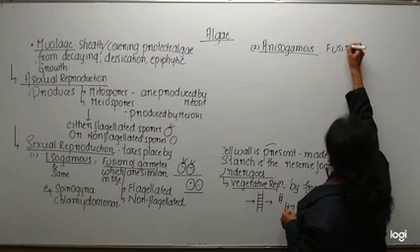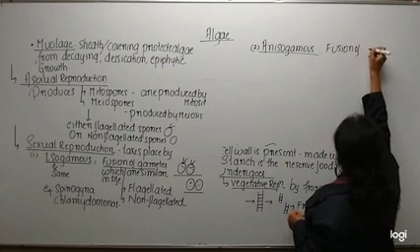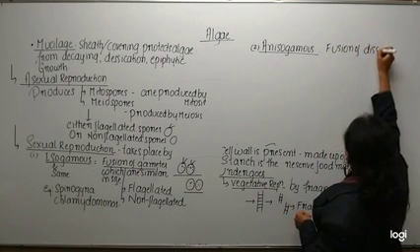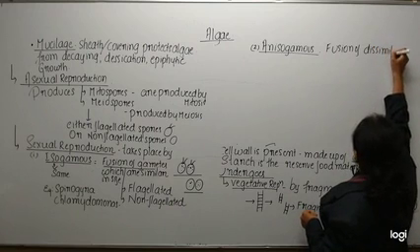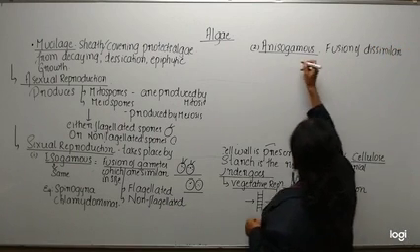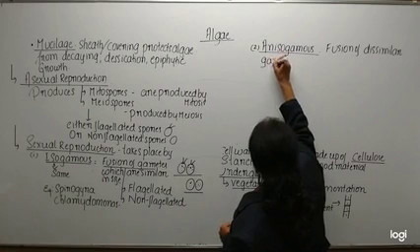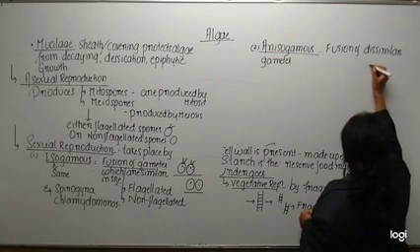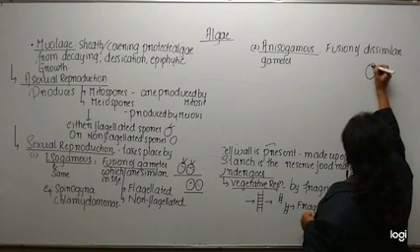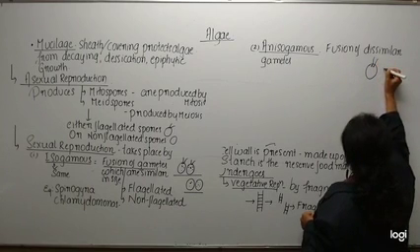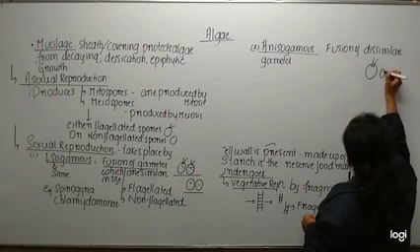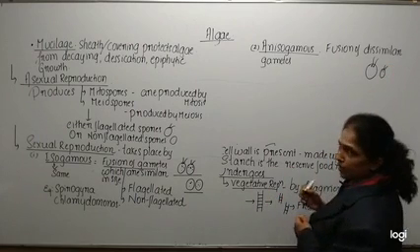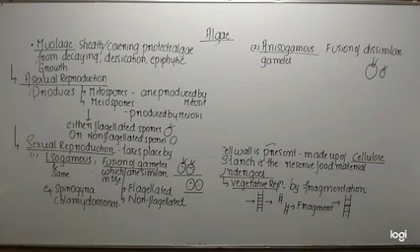So this represents fusion of dissimilar gametes. Here one of the gametes is larger in size, the other is smaller in size, male or it could be female. It varies from species to species.